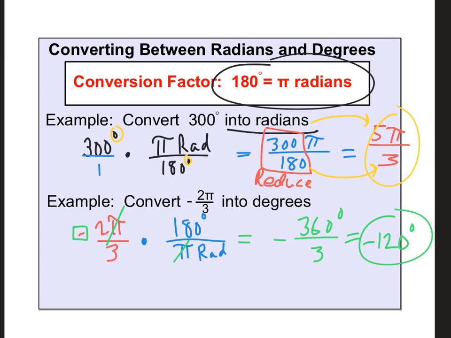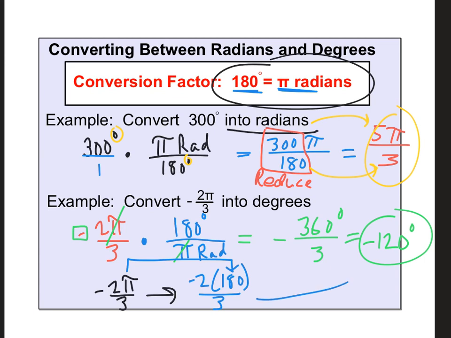One other way to think about doing it in that direction, when you start out with negative 2 pi over 3, and it may be quicker: think about what we said pi radians equaled. It equals 180, right? So instead of writing the pi, put the 180 right there. Pi becomes 180.